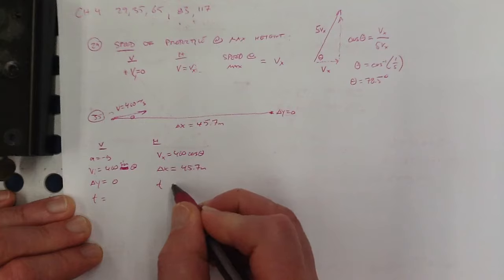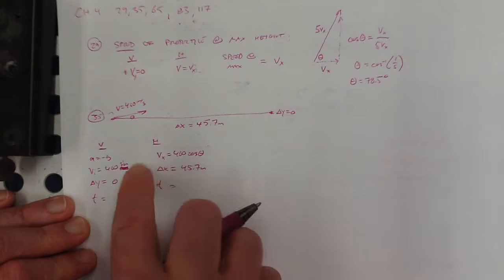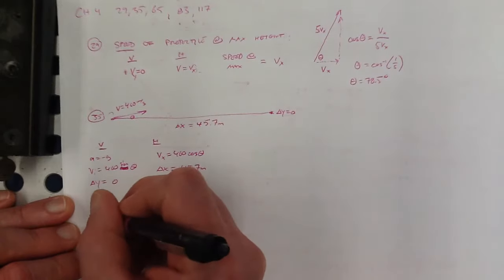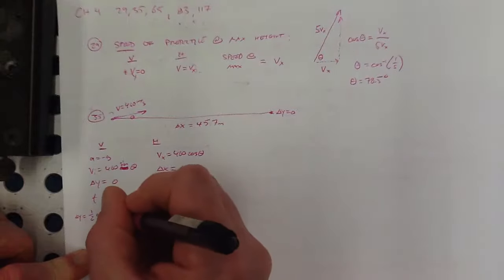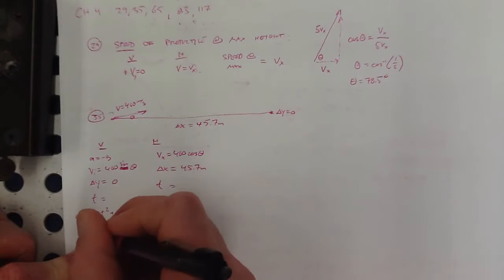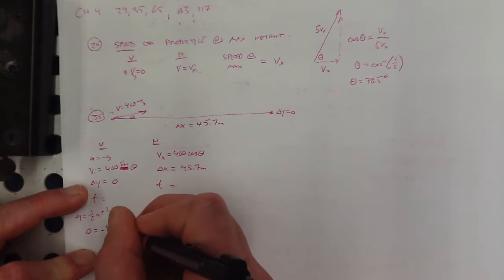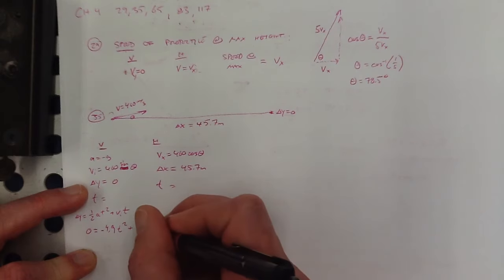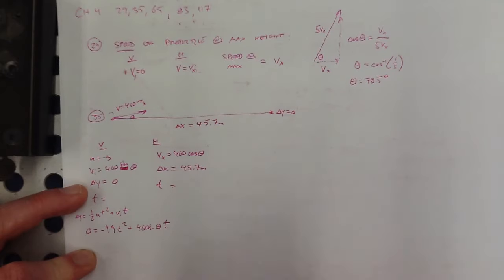All right, so looks like a system of equations kind of job here, so I can link with the t's and solve for theta. So delta y equals 1/2 at squared plus vit. 0 is equal to negative 4.9 t squared plus 460 sine theta t.